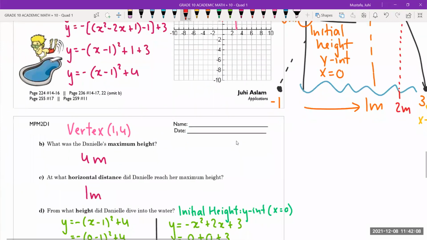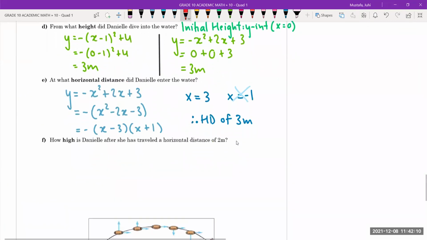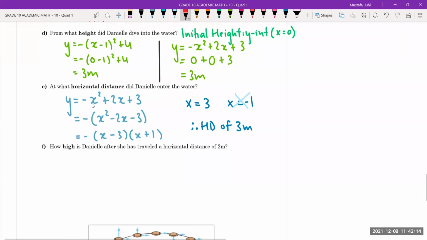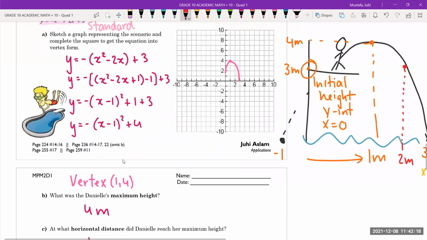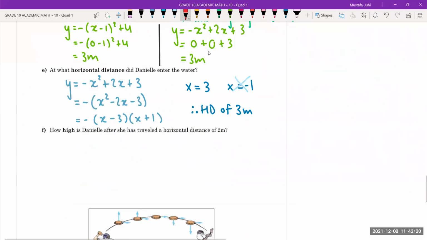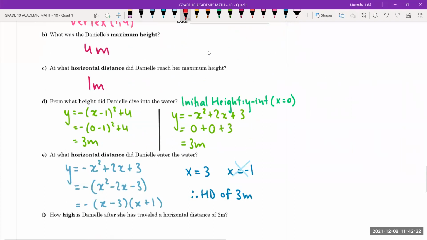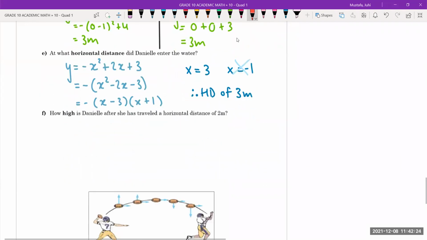Does it matter which equation we use? It doesn't. You can use the factored form or the original or the vertex. We actually have all 3 forms here. We have standard, we have vertex, and we have factored form. I'm just going to go ahead and put it into my standard form because I have it in front of me here. So negative x squared plus 2x plus 3.